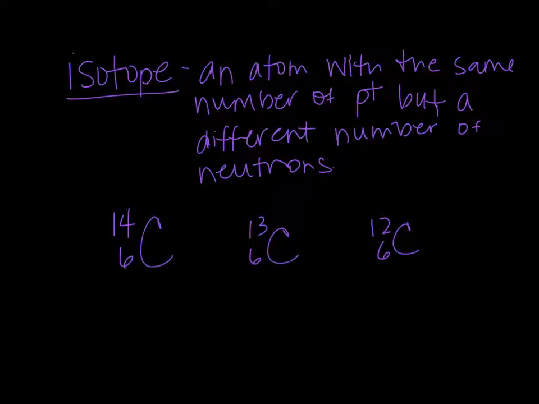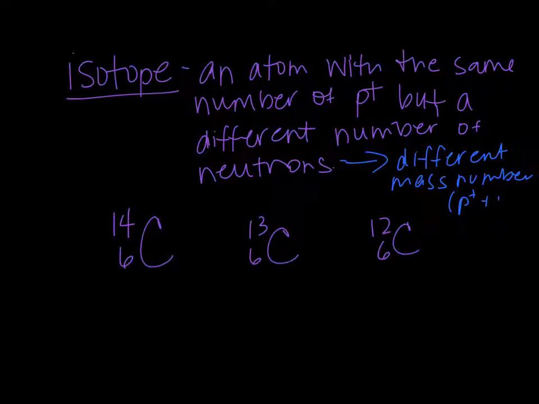So if they have a different number of neutrons, that's going to give them a different mass number. Because remember, the mass number is the number of protons plus the neutrons. And so if their number of neutrons changes, their mass is going to change as well.